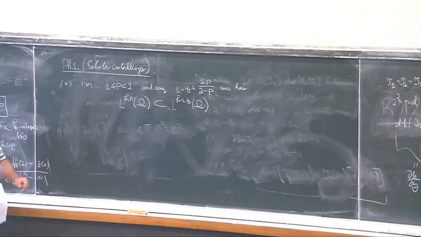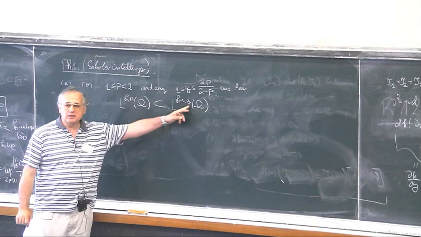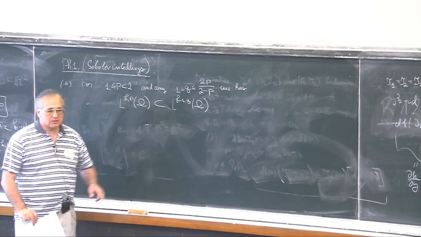So the number of derivatives decreases, but q increases. This is the meaning of the statement.